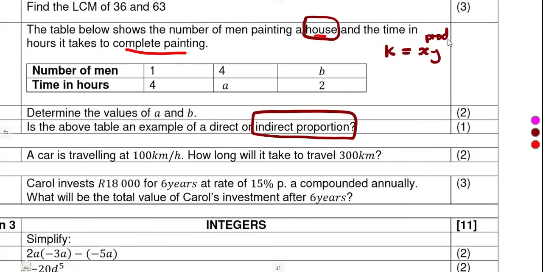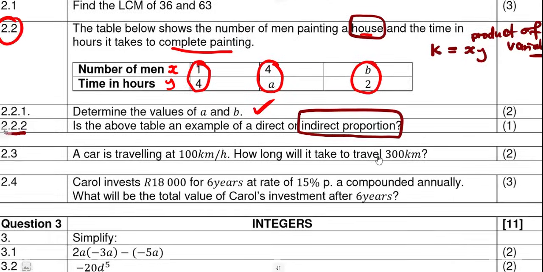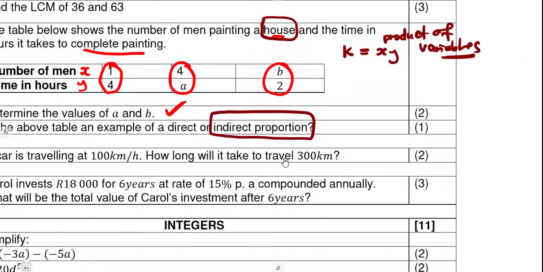Take note, product of variables. To say this is my X, this is my Y. The product of these two must be equal to the product of these two. So with that alone, you can form an equation to solve for A and B. Just like that.